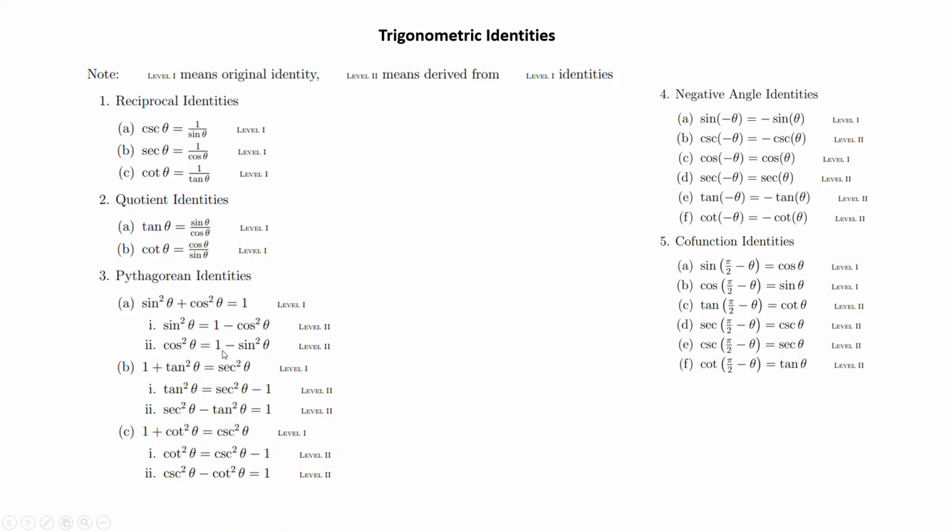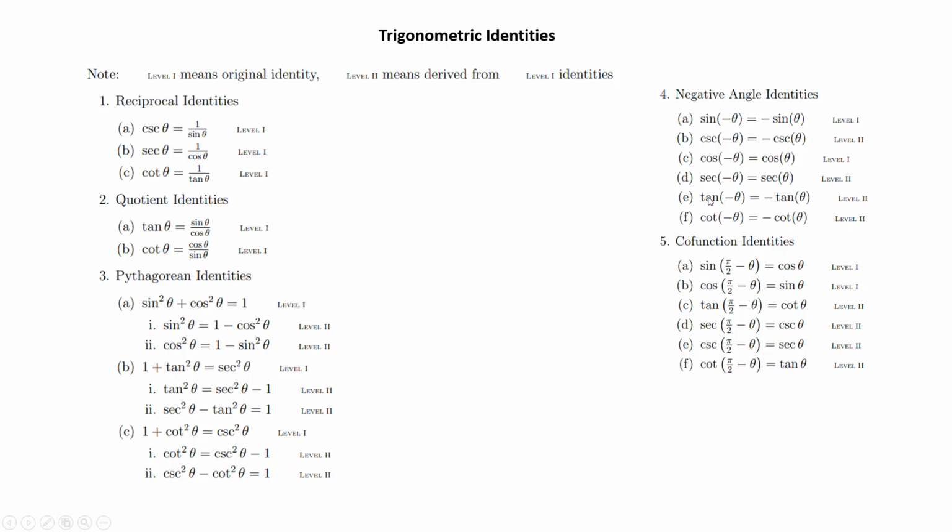And there are also these negative angles I pointed out a long time back. Only cosine and secant have the special property of cosine of negative theta being positive cosine theta, secant of negative theta being positive secant theta. Everything else, sine of negative theta is negative sine theta, and automatically its reciprocal follows the same principle.